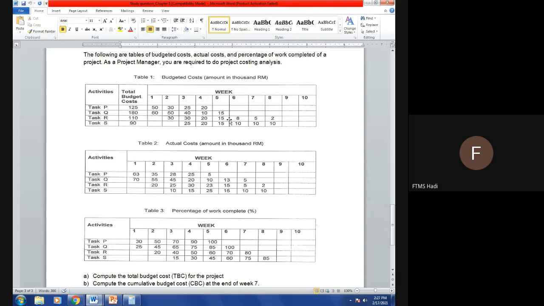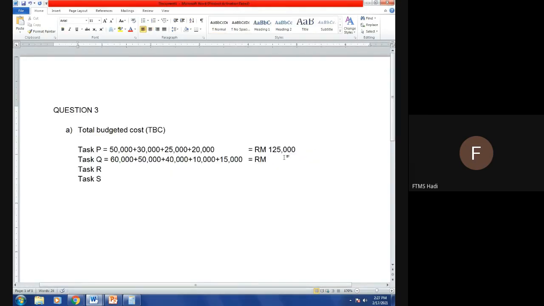The answer will be 175. Just to check, it is supposed to be 175, but they put 170, which is not correct. It's actually supposed to be 175. The question is somewhat wrong, so we need to make a correction.